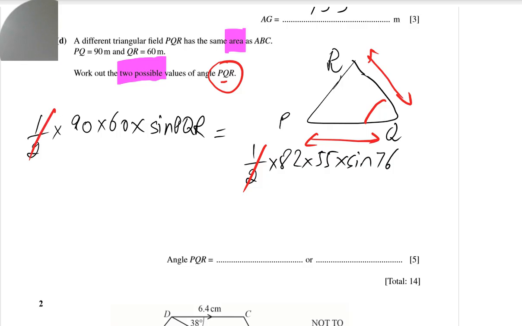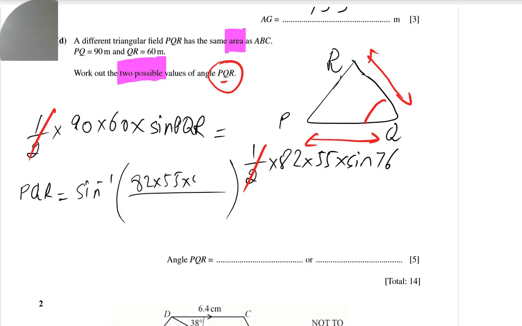You can cancel these 1 by 2's from both sides, and now we can make PQR the subject. So your PQR would be sine inverse of 82 times 55 times sine 76 over 90 into 60. And you can put this entire thing in your calculator straight away.